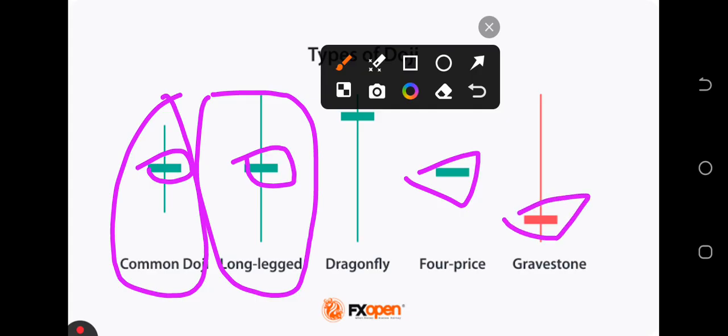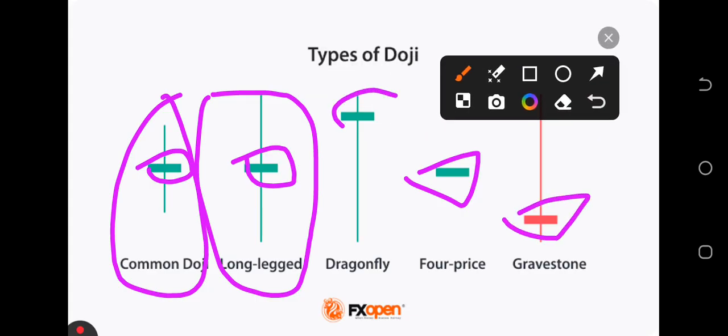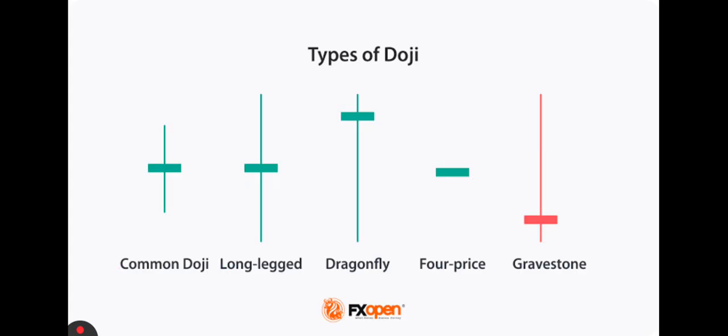So this one we just used to illustrate different doji candlesticks. You can see the dragonfly, four price doji, gravestone doji, long-legged doji, and star, or the common doji. All these types of doji, you will see them appearing like this in the marketplace.